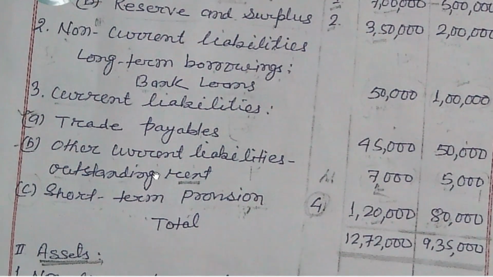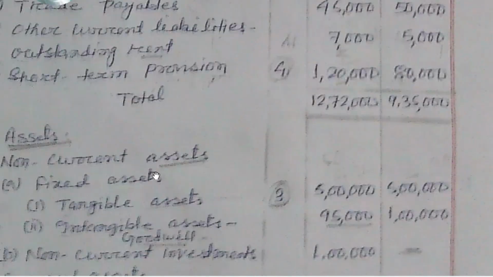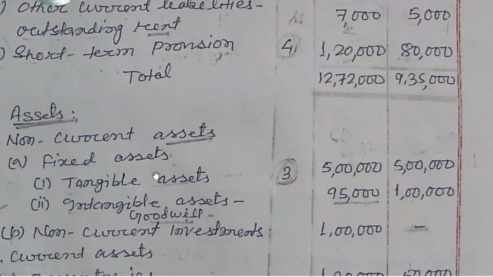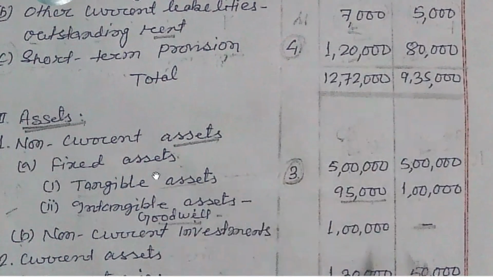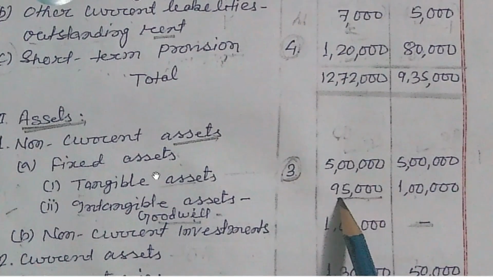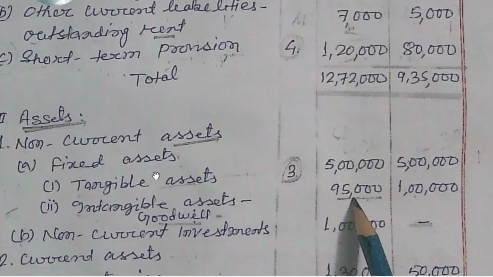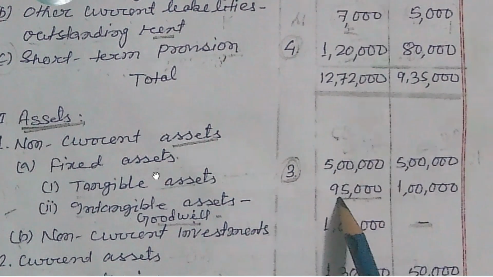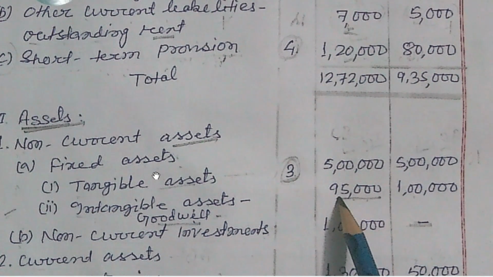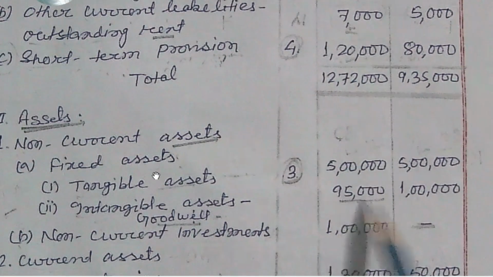Intangible assets is goodwill. Goodwill from 1,95,000, that is during the year 5,000 rupees amortized, written off. The balance 95,000 will be written off over the next years.